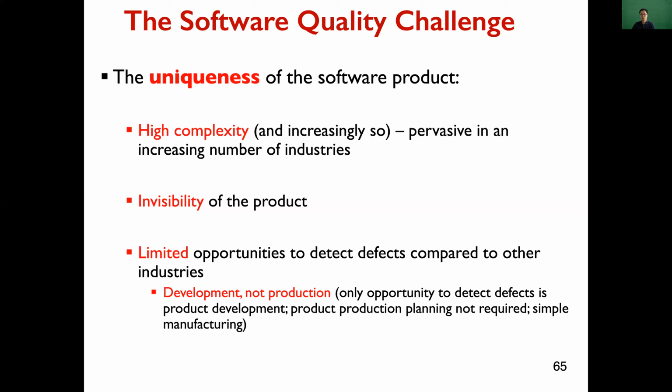But for software, because you cannot see the details, mainly you can detect such issues during the development phase. You cannot detect them during manufacturing or production planning, because manufacturing, for example, is just copy and paste.